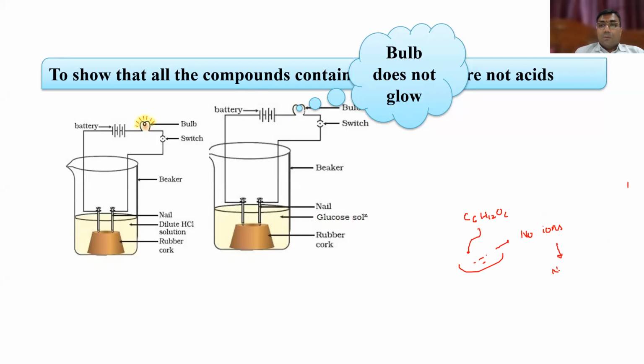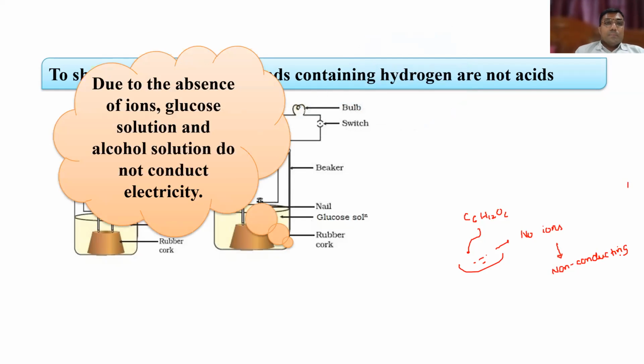It is non-conducting. So in the other case, it is conducting. Due to the absence of ions, the glucose solution won't conduct. Alcohol solution also. What is an alcohol, students?